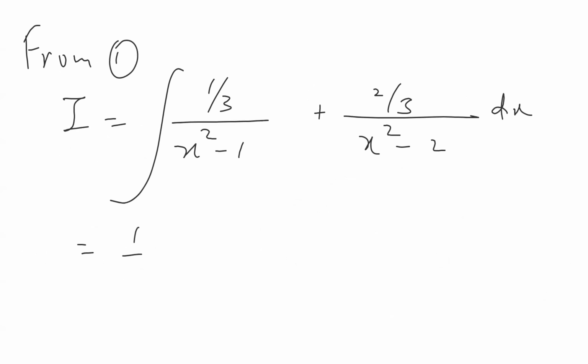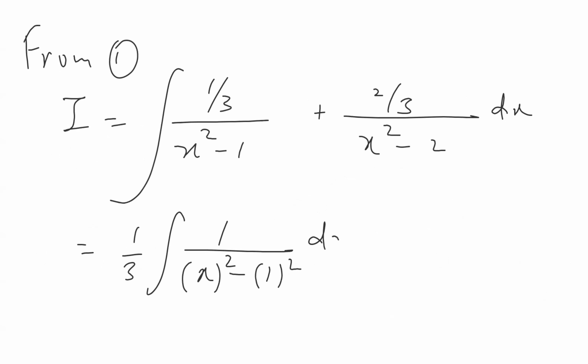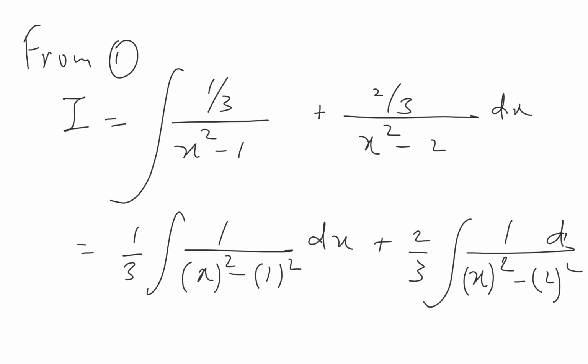So 1 by 3 integration of 1 upon x square minus 1 square dx plus 2 by 3 integration of 1 upon x square minus root 2 the whole square dx.